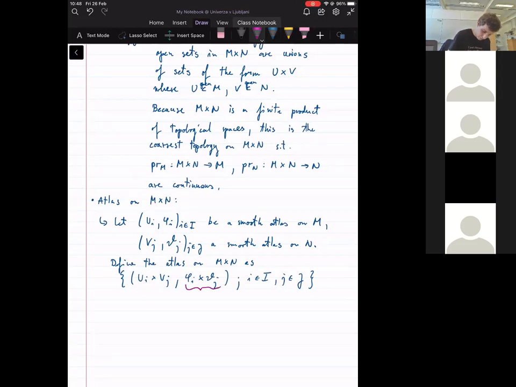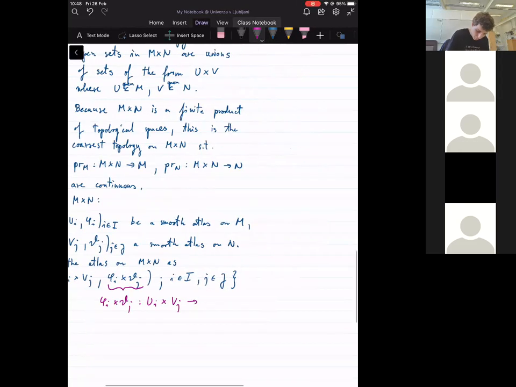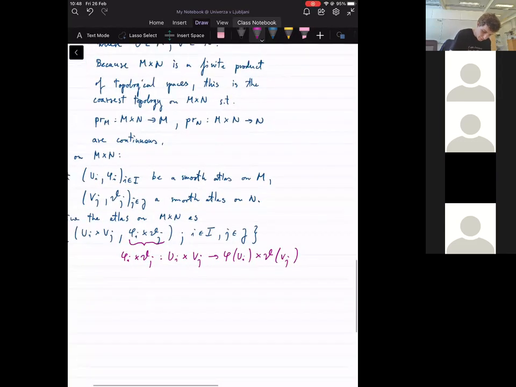It is defined as phi_i times theta_j, and it goes from U_i times V_j into phi(U_i) times theta(V_j).